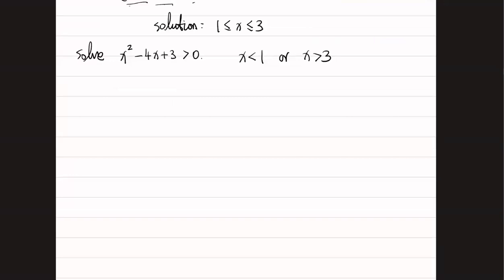Next, let's recall the Pythagorean theorem. I think many of you have seen it before. It's about this.